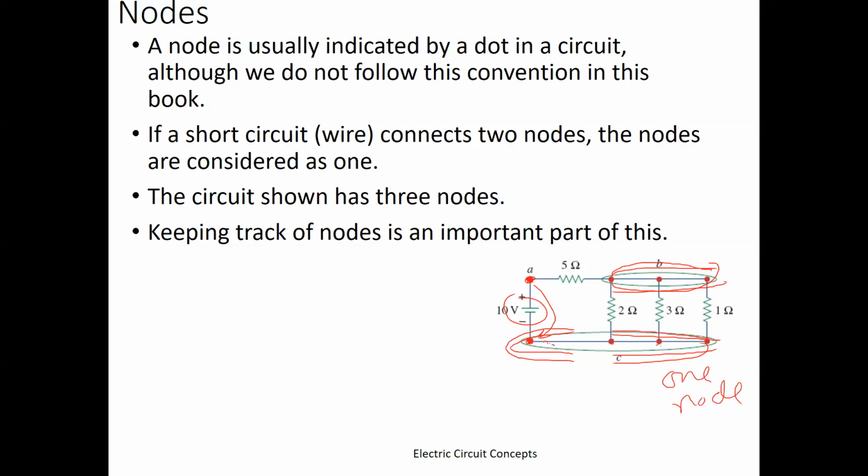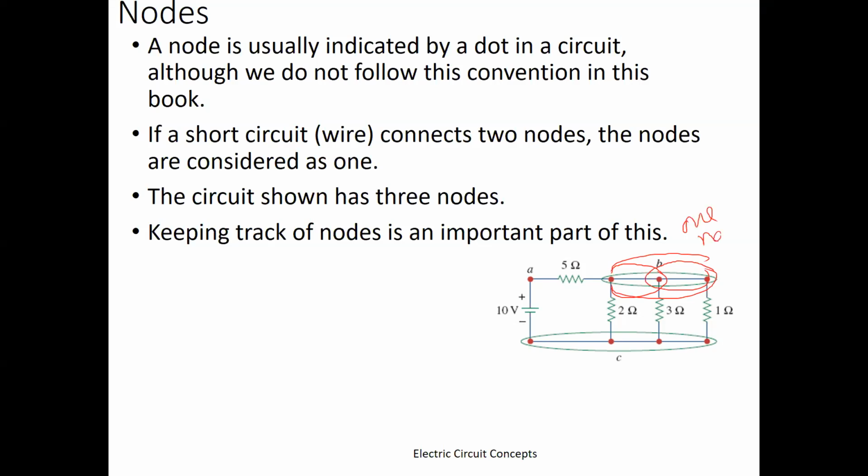The same thing here, we have an element between this point and this point. Therefore, this is a node, and this is a node. But since there is no element between these two here, this is only one node. Same thing for these two here. Same thing for all three, so all three here represent one node.